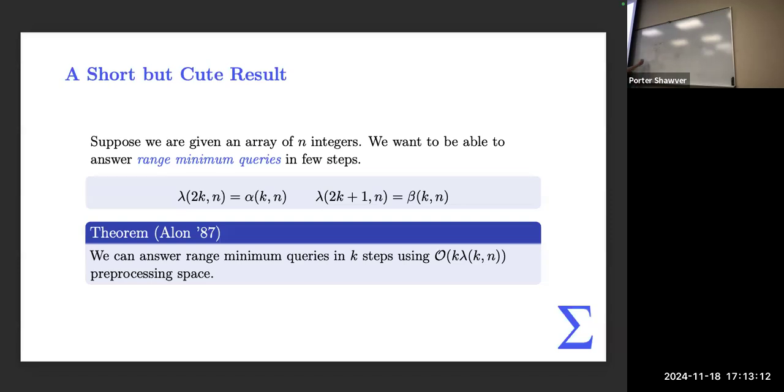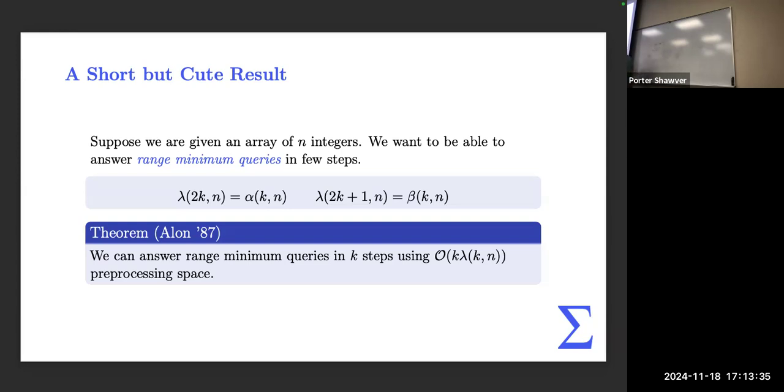In particular, we're going to parameterize it by a value k, which is how many steps we're allowed to do this query in. I'll give examples of what the steps mean. The steps are basically how many times you can query the array.